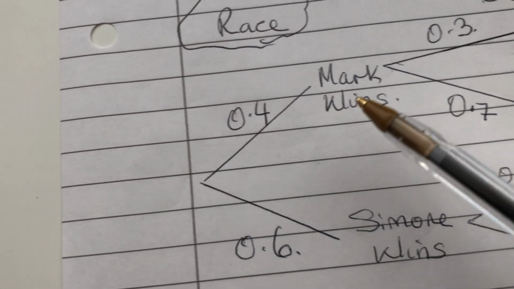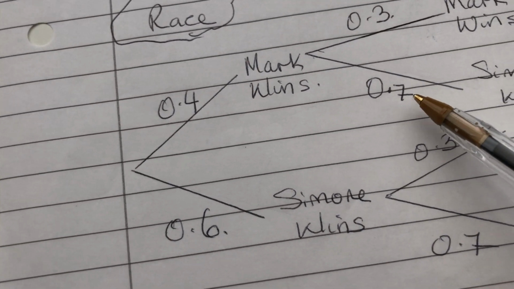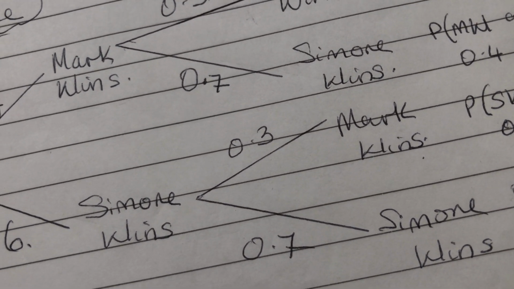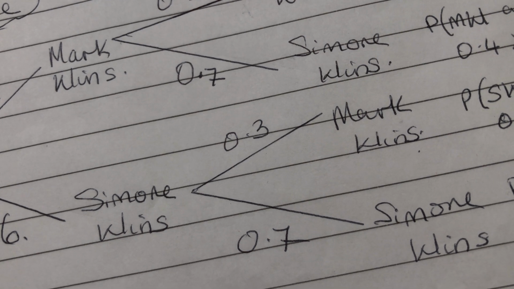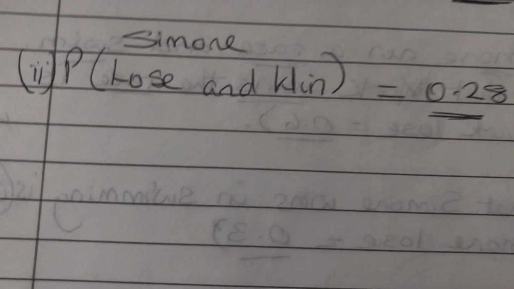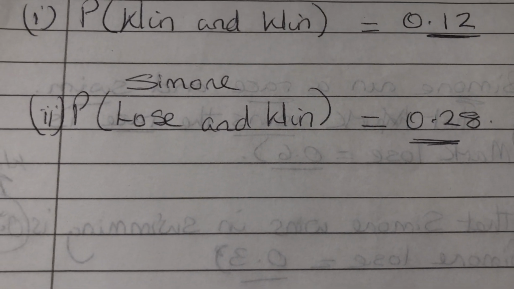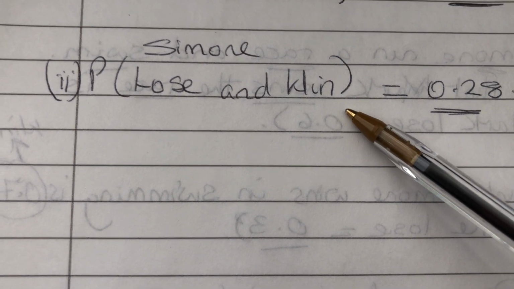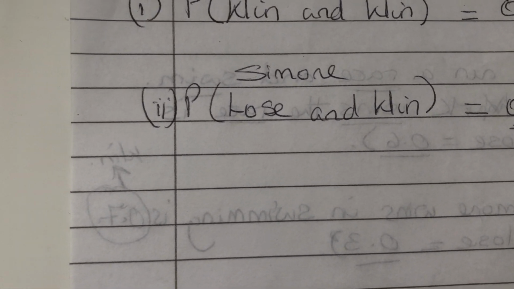So 0.4 times 0.7, which is 0.28, which I've done here for you. Simone loses and then wins.